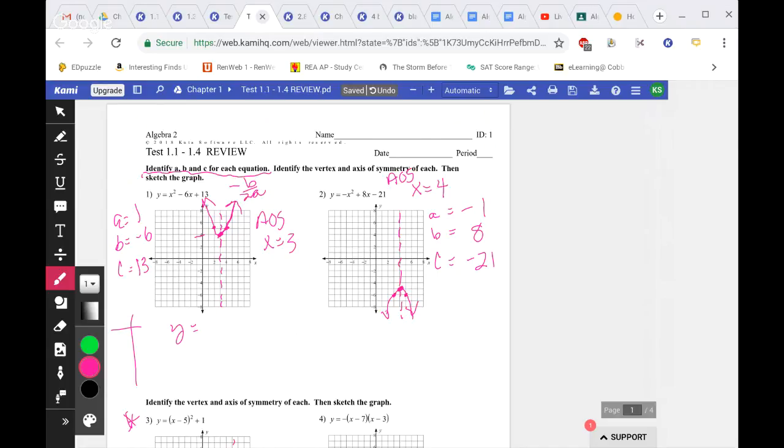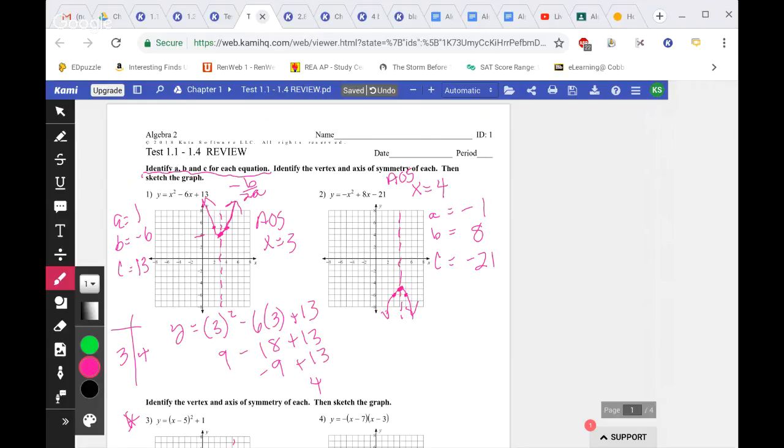So I have y equals 3 squared minus 6 times 3 plus 13. So I've got 9 minus 18 plus 13. So I got -9 plus 13. So my vertex is 3, 4.